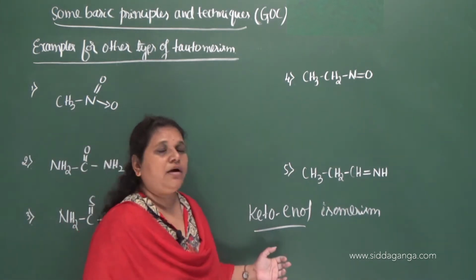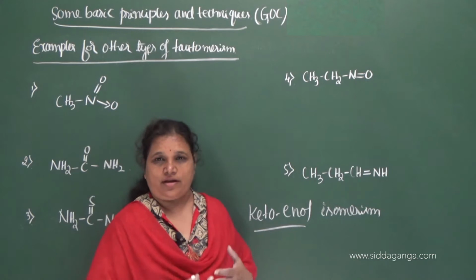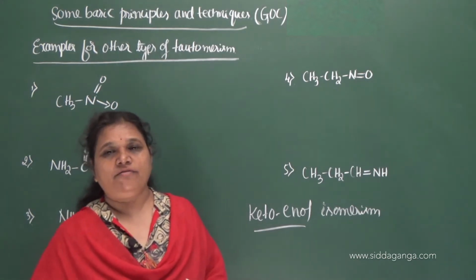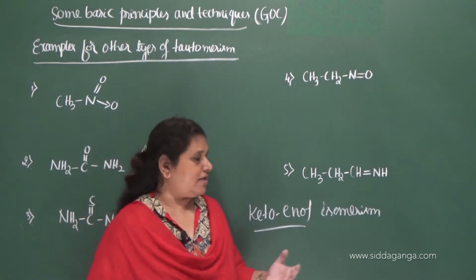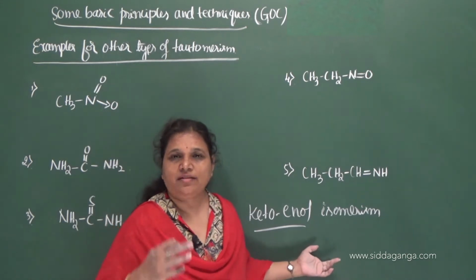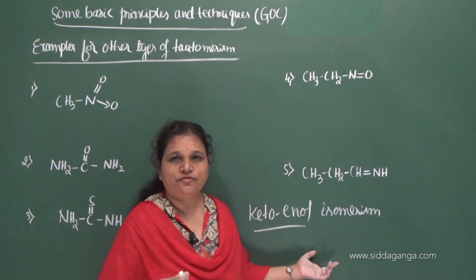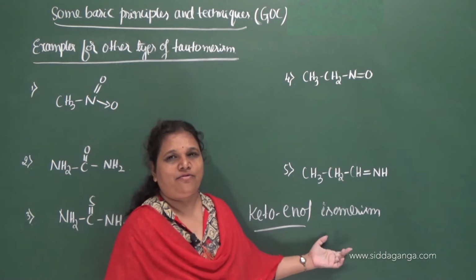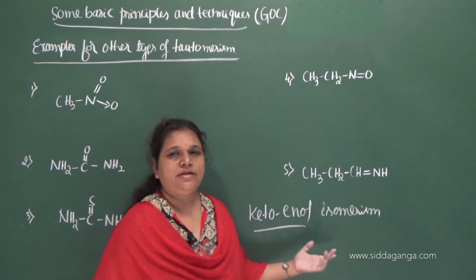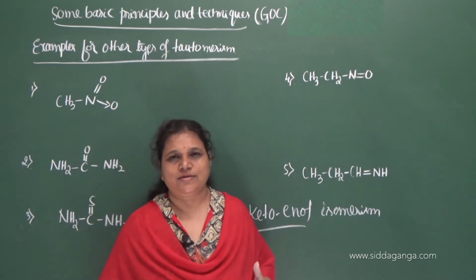Tautomerism is also called keto-enol isomerism when we take a carbonyl compound as an example, where one isomer is in keto form and another is in enol form.